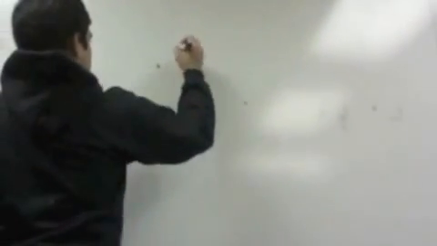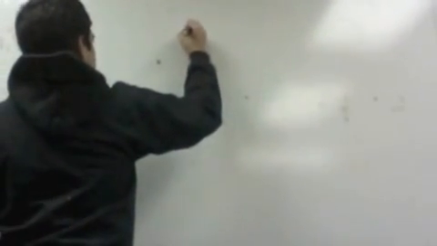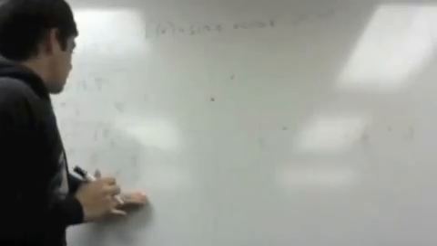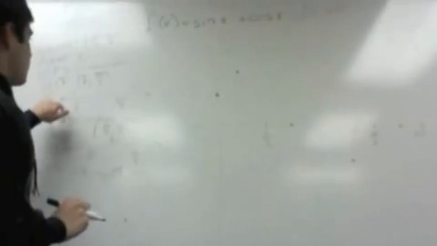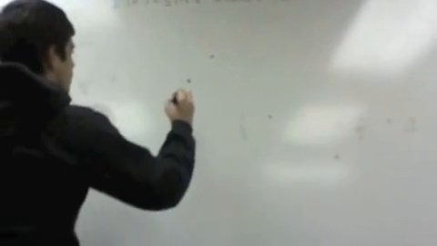We also have that our maximum point is pi fourth and the square root of 2, which is around here, and that our minimum is 5 pi fourth, negative square root of 2. So, using the information that we have, we know that from 0 to pi fourth, the function is increasing.